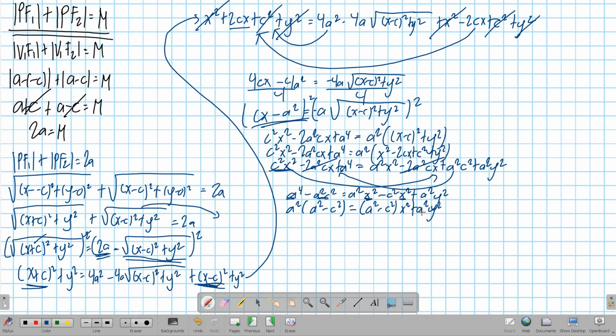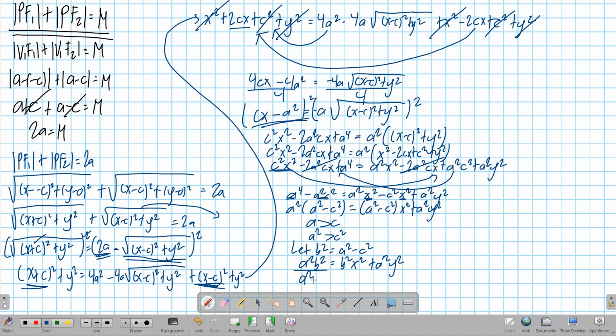Since this is most probably a positive number, and we saw a while ago that a is bigger than c, then a squared will be bigger than c squared. So therefore, we can let b squared be equal to a squared minus c squared, which is a positive number. So replacing a squared minus c squared, that's a squared b squared is equal to b squared x squared plus a squared y squared.